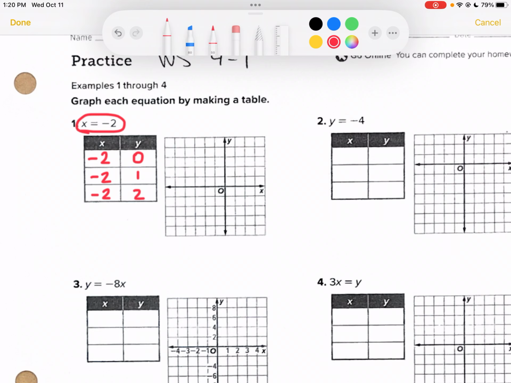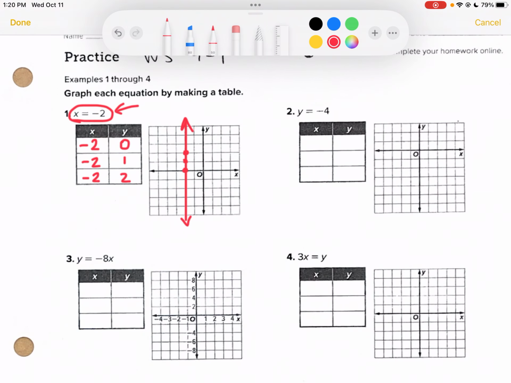Well, -2, 0, that is right there. -2, 1 means left 2, up 1. -2, 2 means left 2, up 2. So what you're getting is a vertical line. That's all we want you to see. When you see that equation, it's going to be a vertical line that crosses at -2.